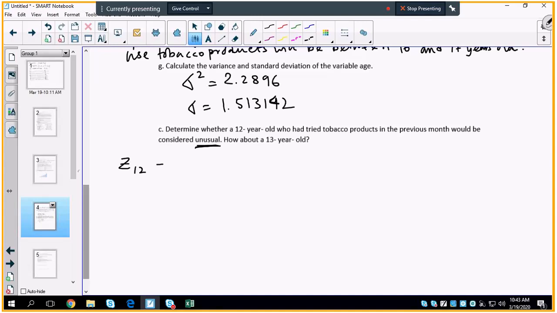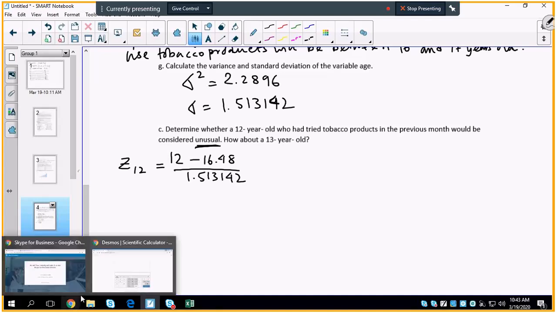Remember the formula? It is the raw data, so 12 years, minus the mean, which we found to be 16.48, over the standard deviation, 1.513142. And that will be the z-score for 12 years old.